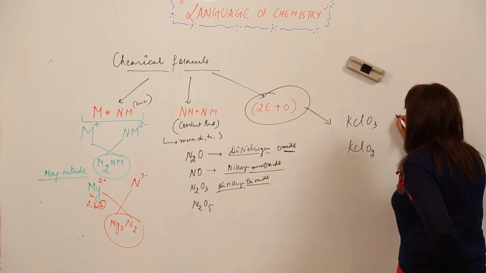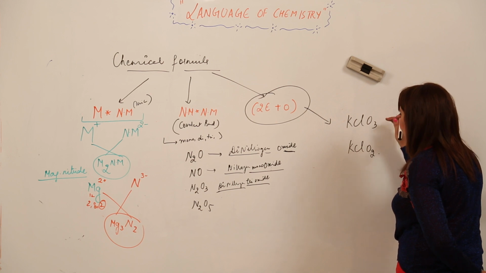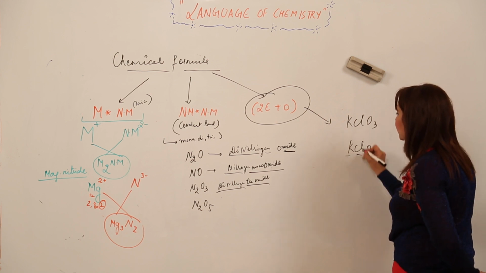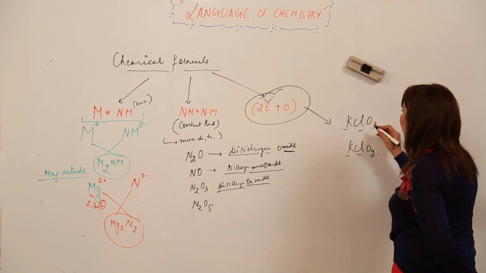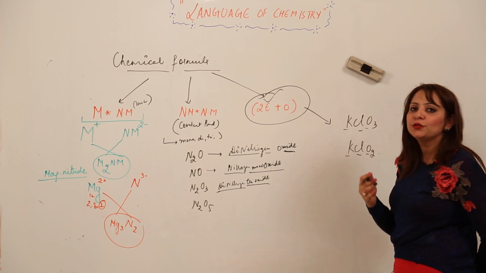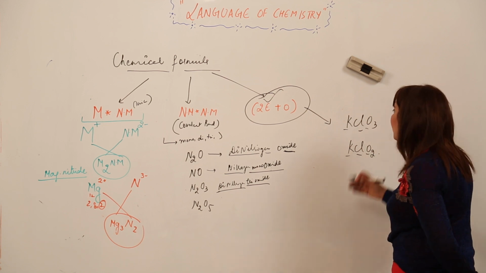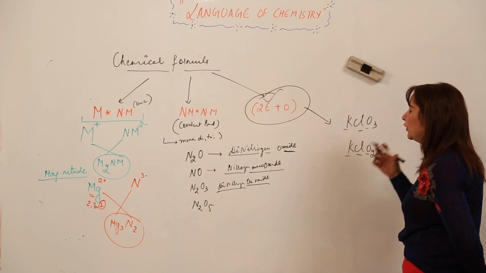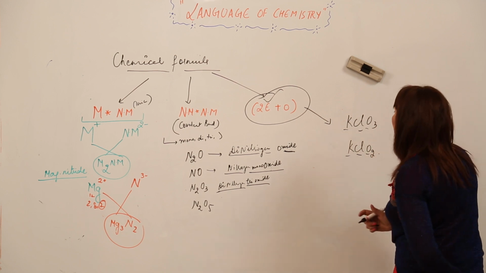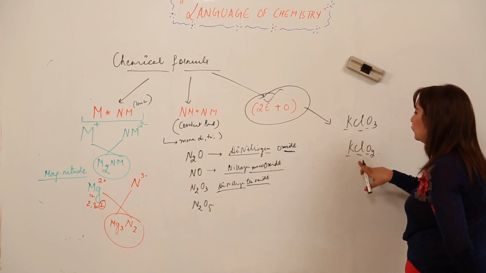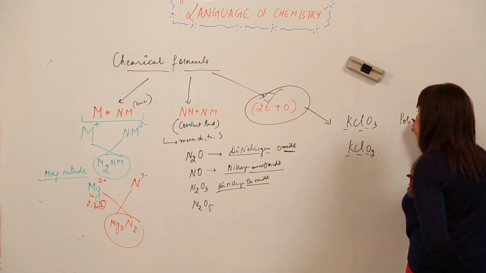They both appear to be the same. They consist of 2 elements, as I told you, 2 elements and oxygen. Oxygen can be 1, 2, 3, 4, any. So when you are writing the formula for this, or when you are writing the name for it, you need to write the name of the 2 elements first. So that means it is potassium, potassium, Cl O.